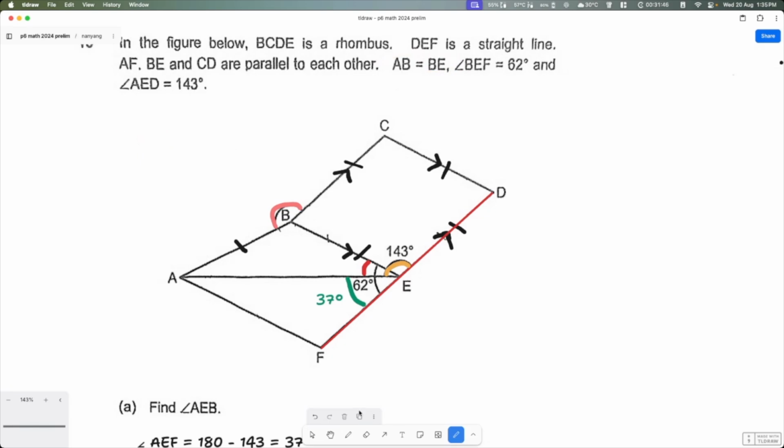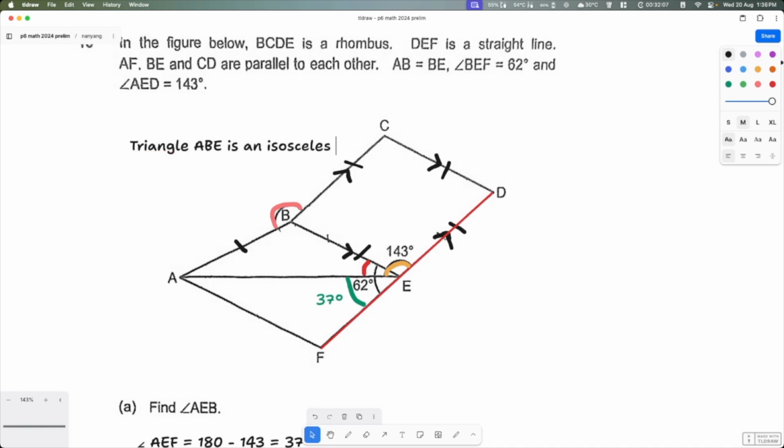Triangle ABE is an isosceles triangle, since AB is equal to BE in this case over here.